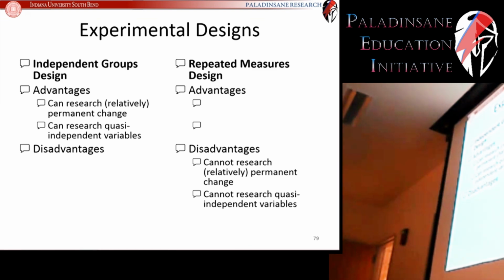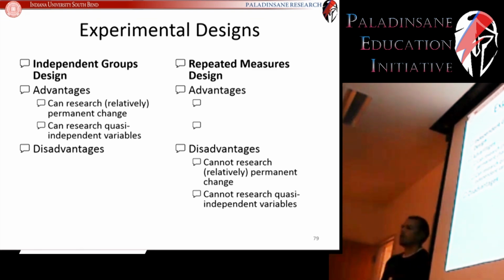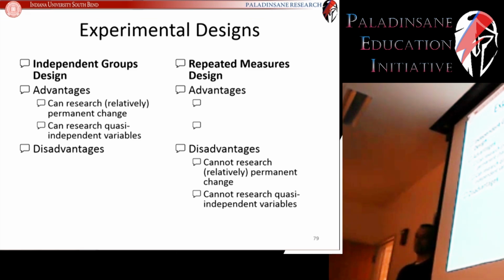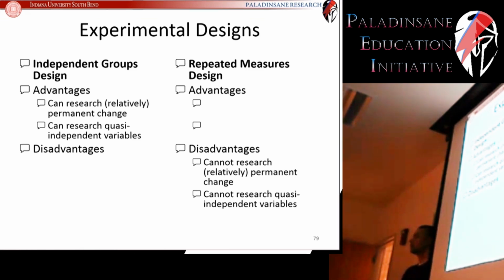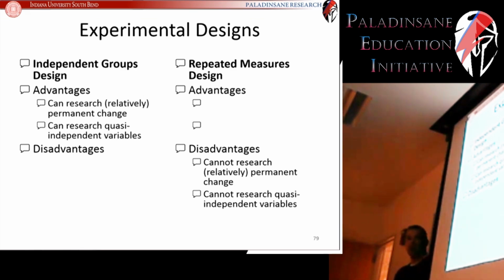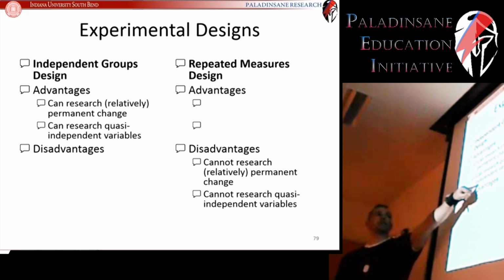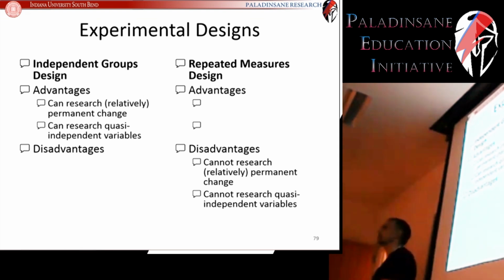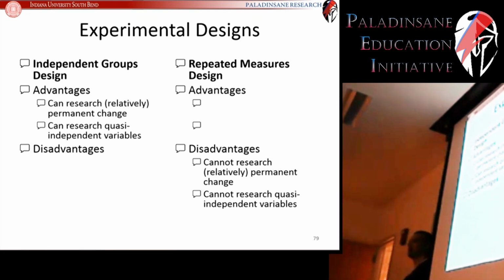So this is one of the big ones that locks some research into quasi-independent variables. Variables of interest include things like gender. There's a lot of research done on sex differences, gender differences between males and females, and that is a quasi-independent variable because the experimenter cannot manipulate that variable.